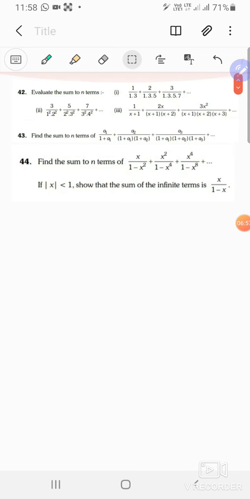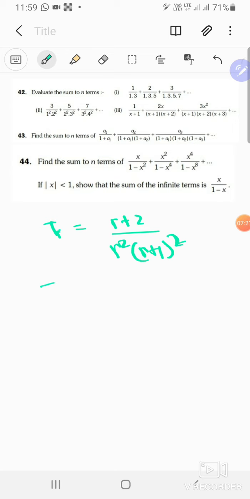Okay, so the next question is the second part of the first question. It is 3 upon 1 squared into 2 squared. Let's just do it. So T_r is given by, for the first term, R plus 2 upon R squared into R plus 1 squared.